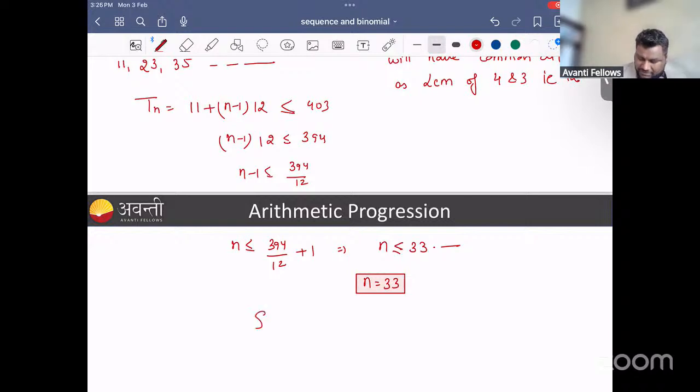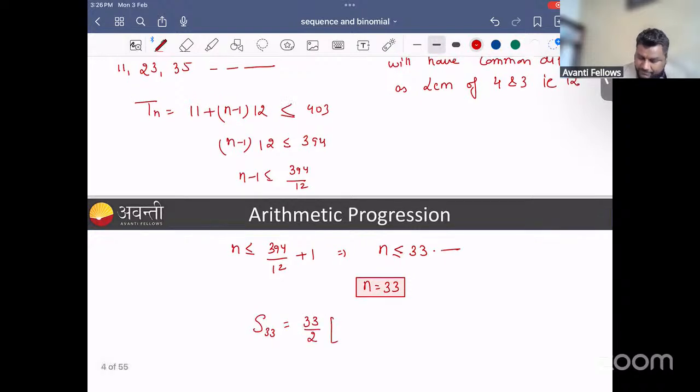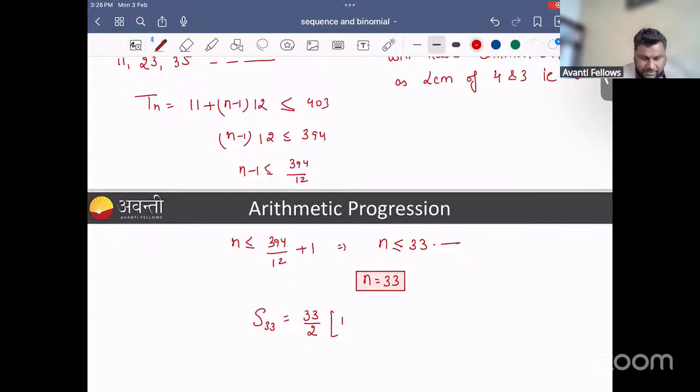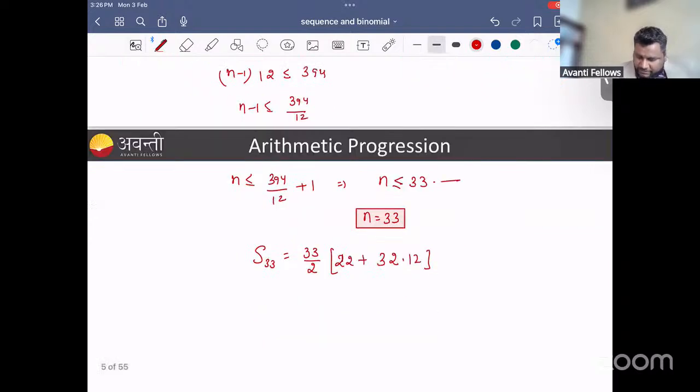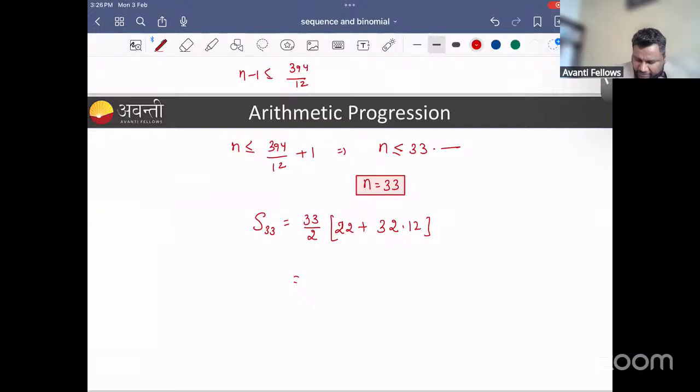So the sum of these 33 terms is 33 by 2 into 2a, first term is 11, so 22, plus n minus 1 into d, which is 12. So it is 33 into 11 plus 33 into 32 into 6.